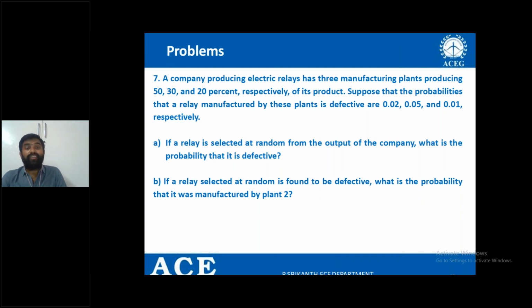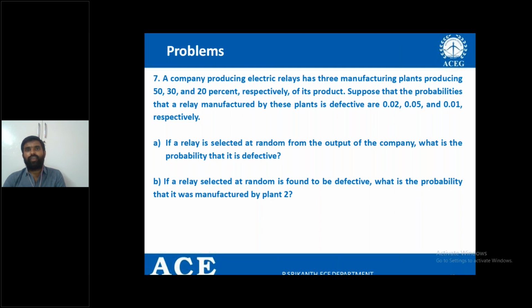So if a relay is selected at random from the output of the company, what is the probability that it is defective? How do you calculate? Let us denote the probability of the defective one as P of B. So P of B depends on how many events? It may be from A1, it may be from A2, it may be from A3.